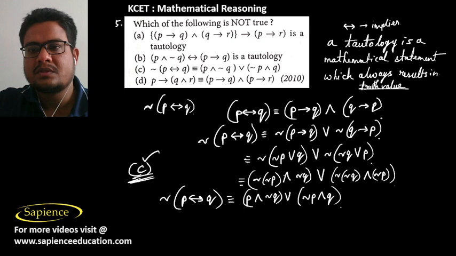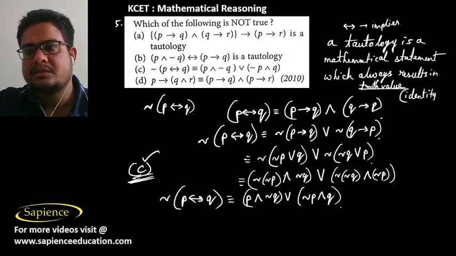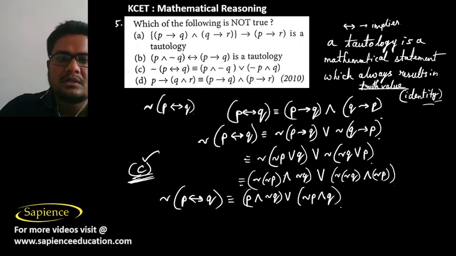It means that which is an identity. So, but in option A and B, it is written that it is a tautology, but it is not true.